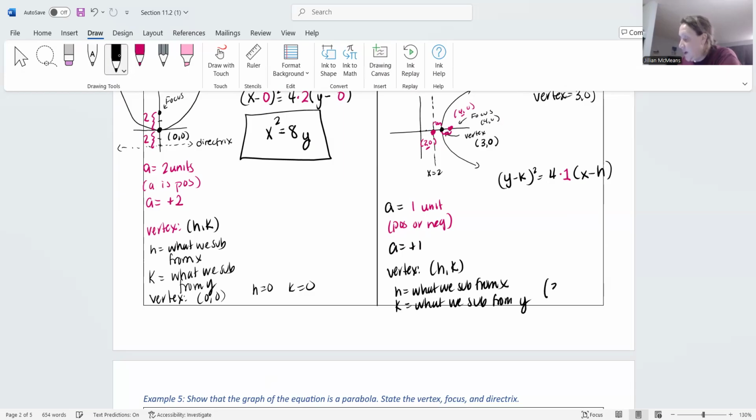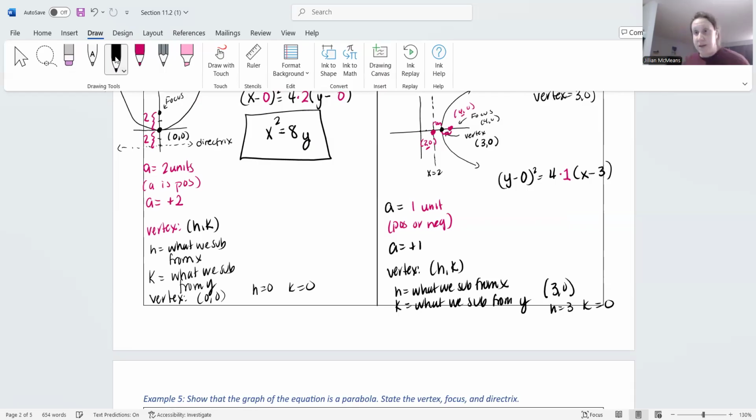Our official vertex is (3, 0). So that tells me h is 3, k is 0. Okay, so we can go ahead and replace h and k. So just be really careful. k always goes with y, h always goes with x. Okay, so we're going to go y minus 0 and x minus 3.